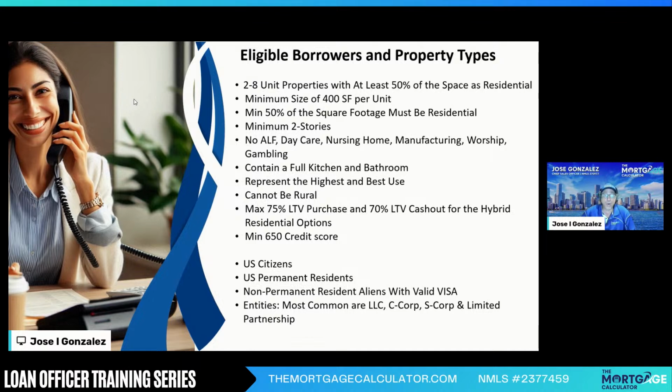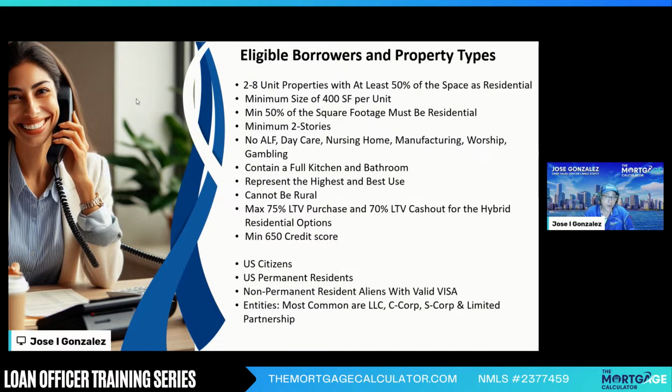Eligible borrowers: U.S. citizens, U.S. permanent resident aliens, non-permanent resident aliens. We would have to check if they allow foreign nationals on a case-by-case situation, because it may be that they allow the foreign national if they have U.S.-based credit. But again, with this loan type, it is more of a specialty product.